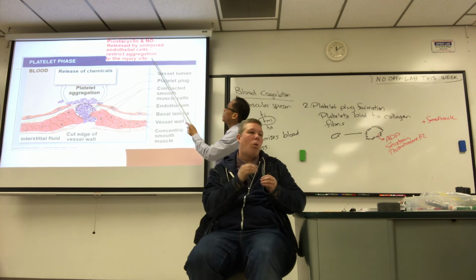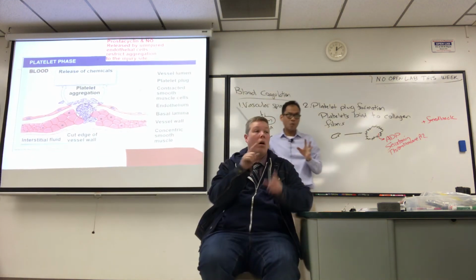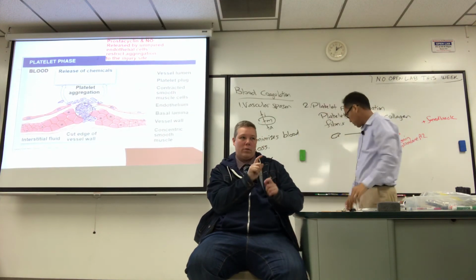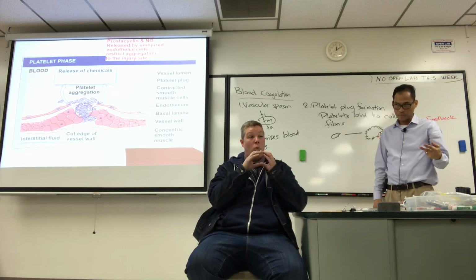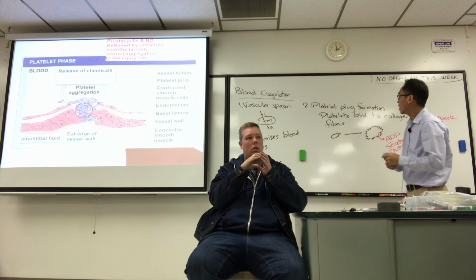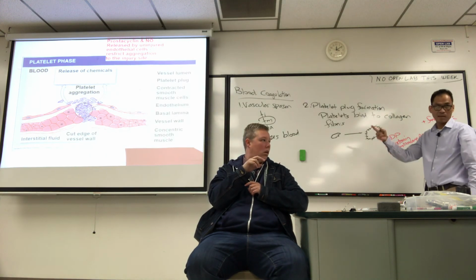The other thing to note here, you want to restrict aggregation only to the site of injury. And so what happens is neighboring uninjured endothelial cells will secrete prostacyclin and nitric oxide, NO, to restrict aggregation only to where you need it.